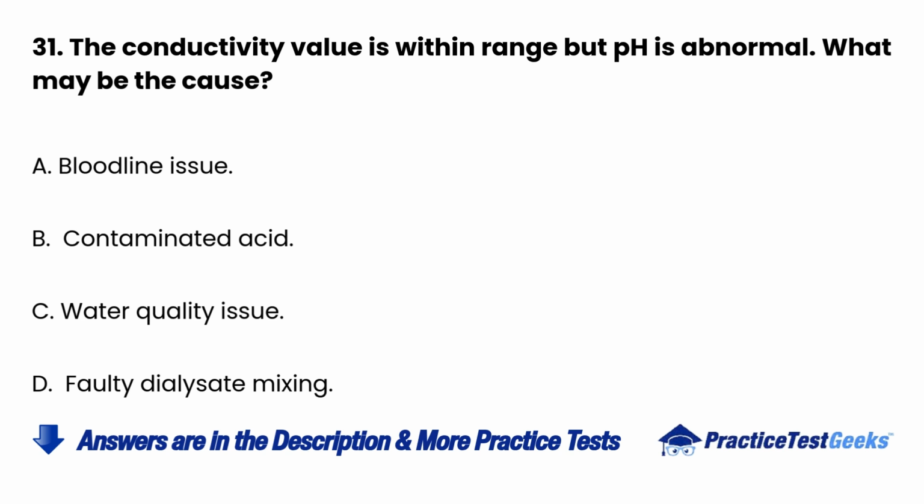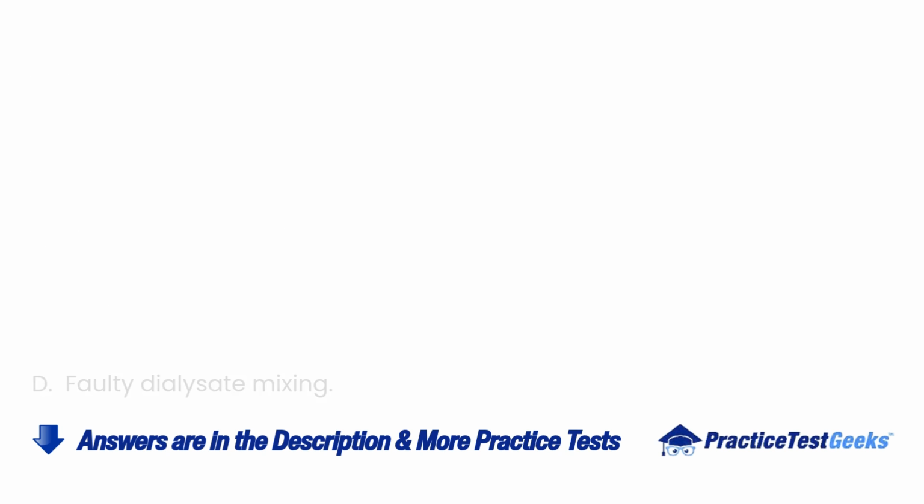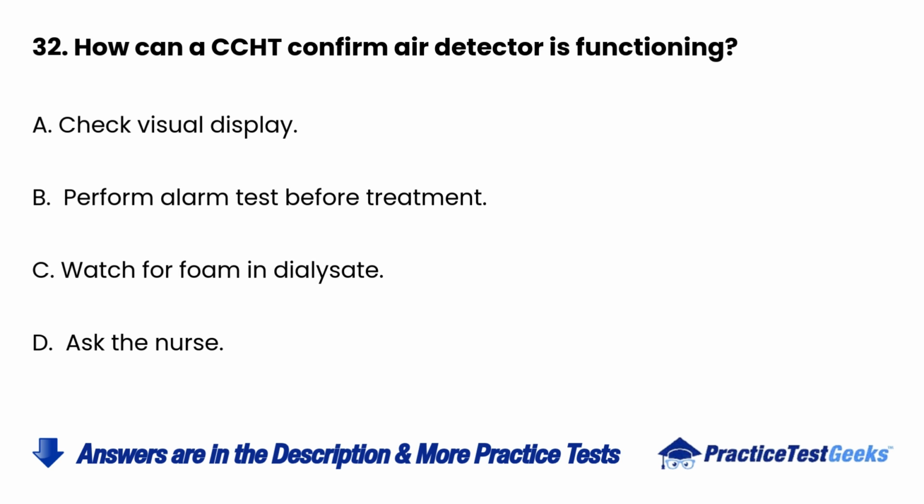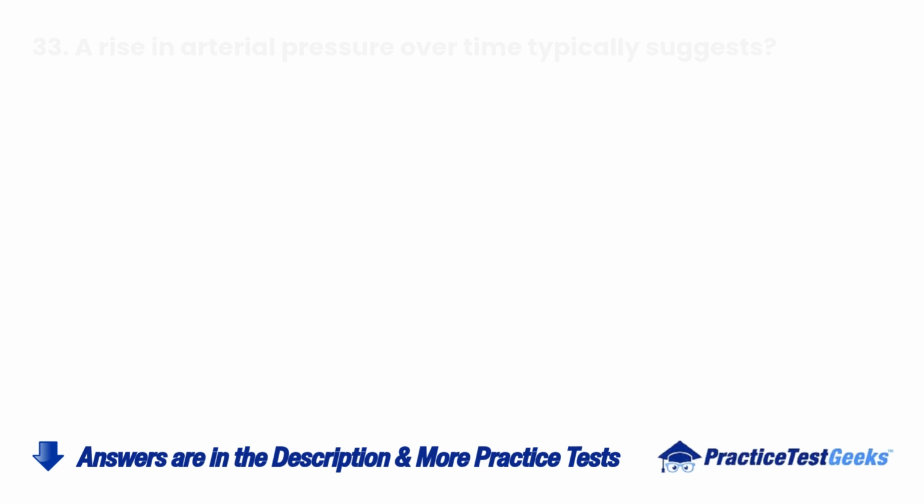D. Faulty dialysate mixing. 32. How can a CCHT confirm air detector is functioning? A. Check visual display. B. Perform alarm test before treatment. C. Watch for foam in dialysate. D. Ask the nurse.